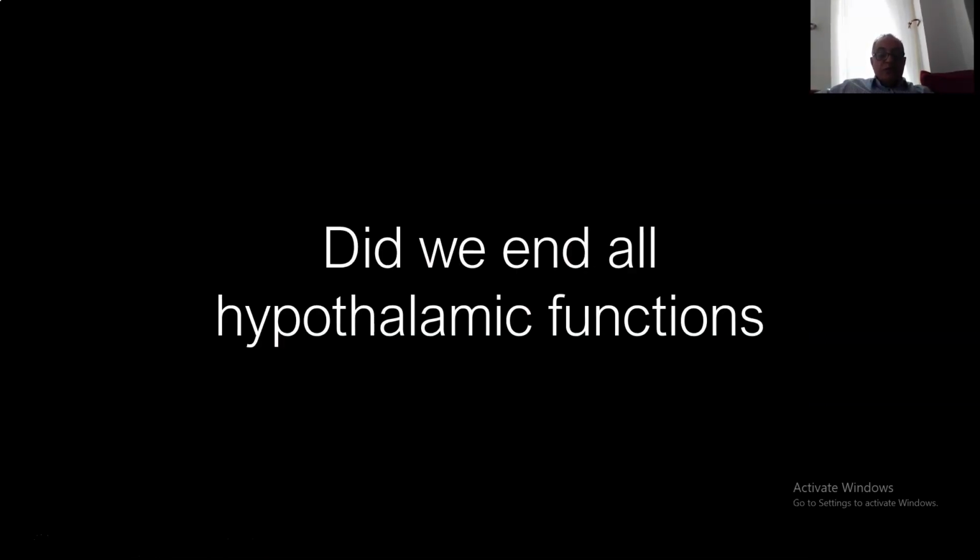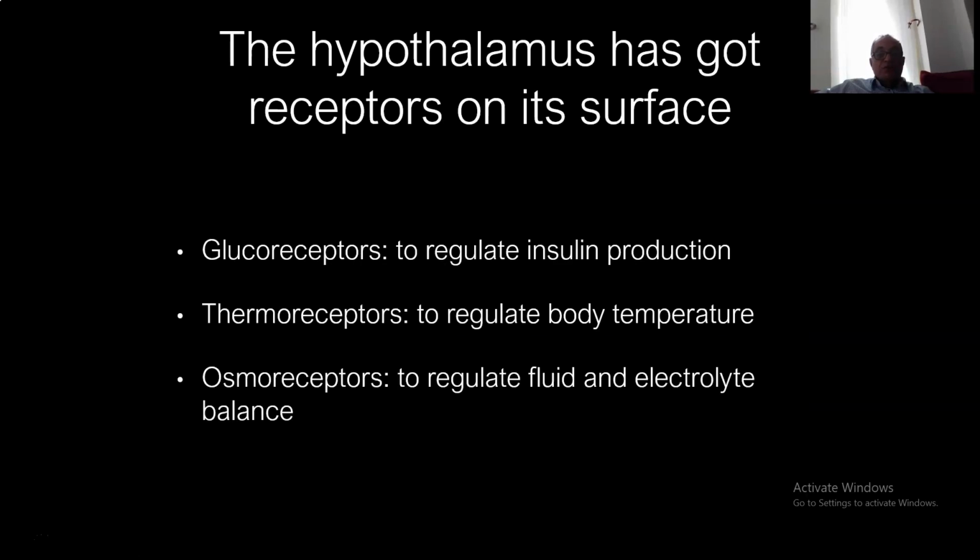Did we end all hypothalamic functions? Actually, no. The hypothalamus has receptors on its surface, the glucoreceptors, to regulate insulin production, as there is a feedback between the pancreas and the hypothalamus. Thermoreceptors regulate body temperature, and osmoreceptors regulate fluid and electrolyte balance, namely sodium. How do osmoreceptors regulate this?